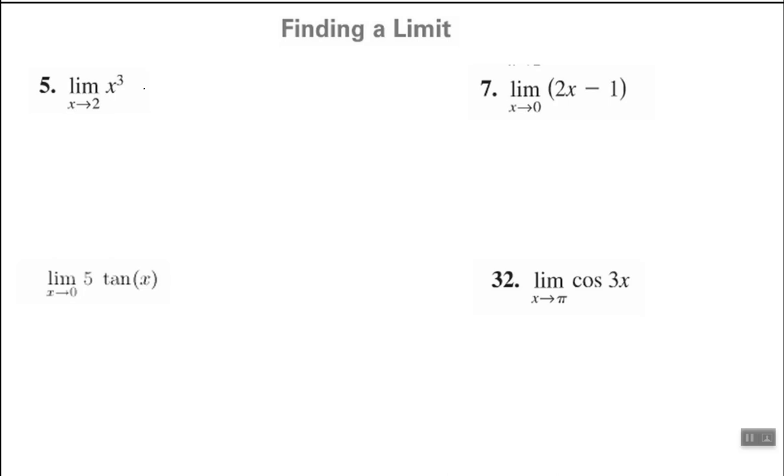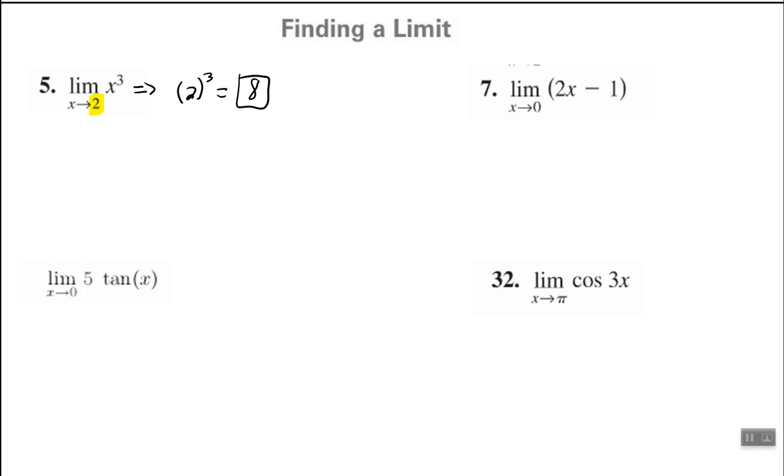So 2 to the third power, because we were approaching 2, and we had the exponent of 3, is 8. That's the limit.